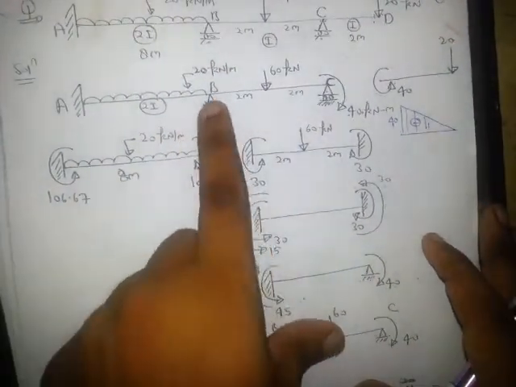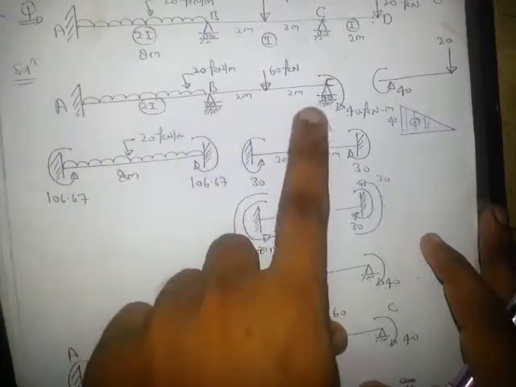And now I will write the equilibrium equation MBA plus MBC equal to 0.